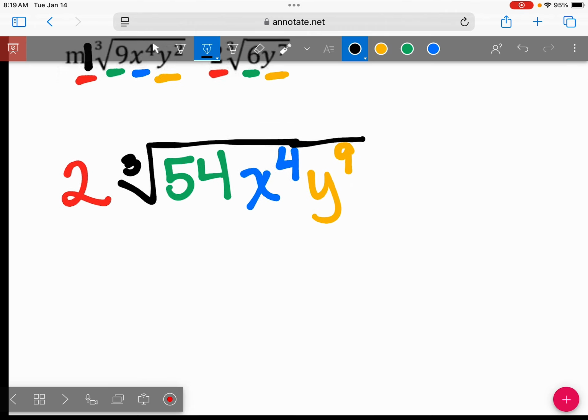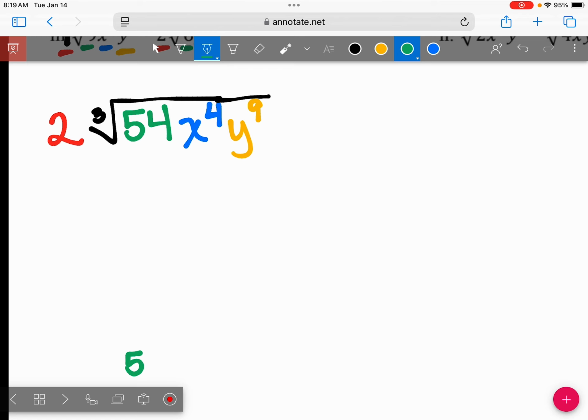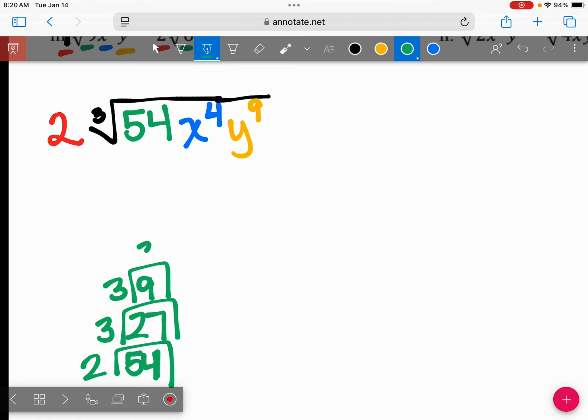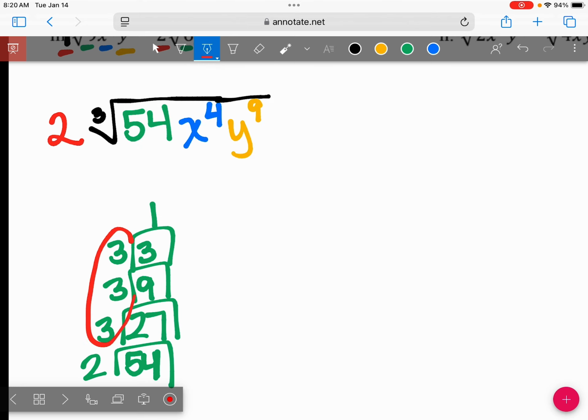All right, let's go ahead and build our cake with the 54. Start off with 2. When 2 doesn't work, then you move to 3. So we got 1 set of triplet 3s. That comes out.